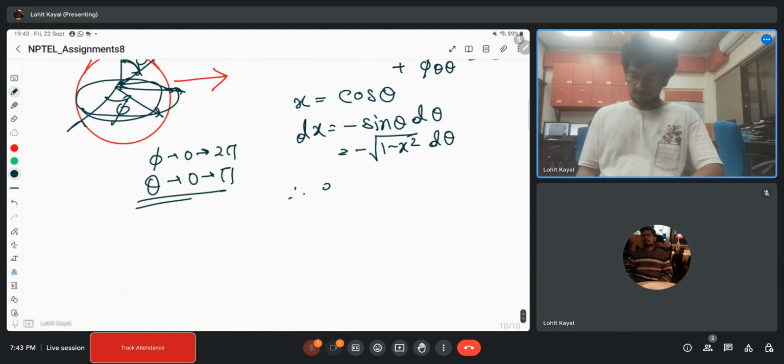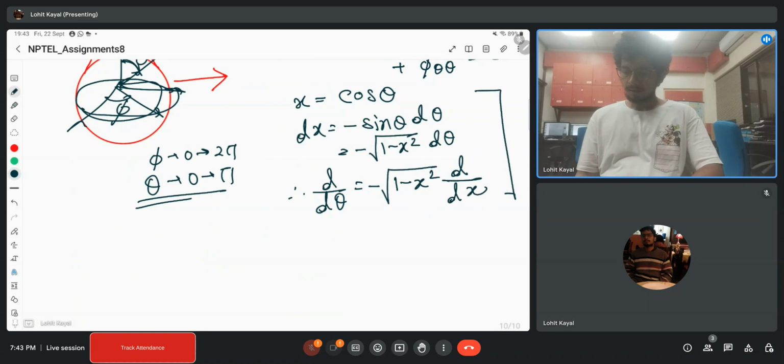So d by d theta is equal to minus square root of 1 minus x square d by dx. This is just a simple substitution so far.